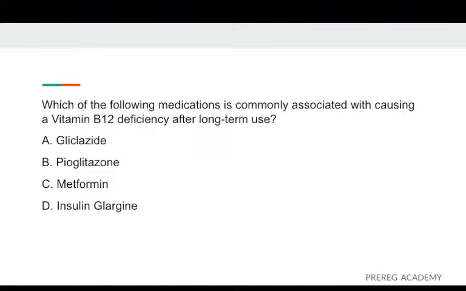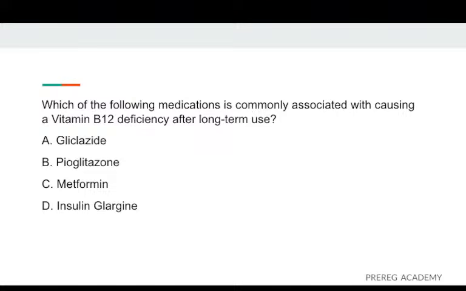Okay, which of these antidiabetics would most likely cause abdominal pain? Which one causes gastrointestinal disturbances?